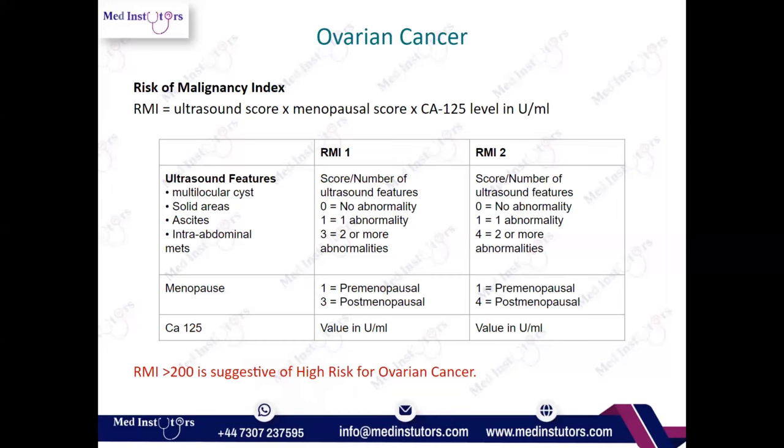If a patient comes to us, we go with the pelvic ultrasound, the CA-125 levels, and meanwhile we also assess the menopausal status of the female. Once we have all these three things, we give them some score and find out the final value. That value gives us the idea of how much risk that person has of having malignancy of ovarian cancer. So let's have a look.